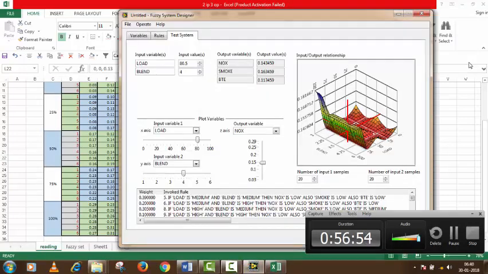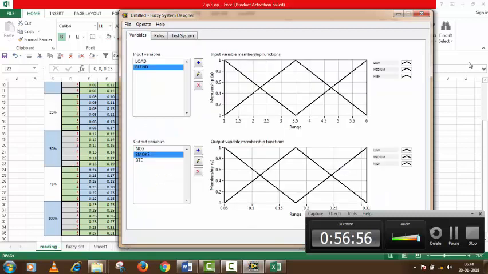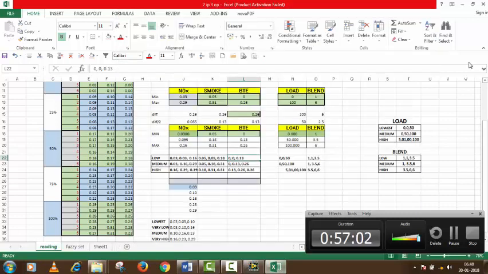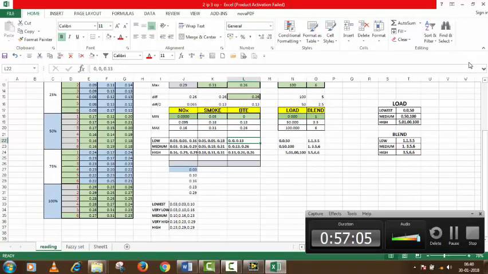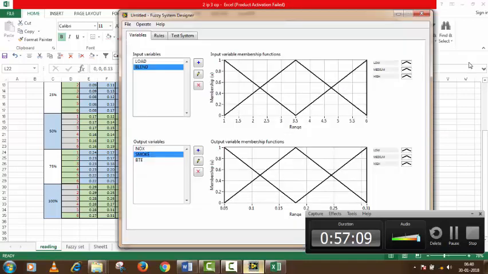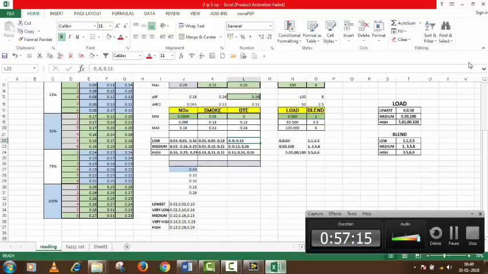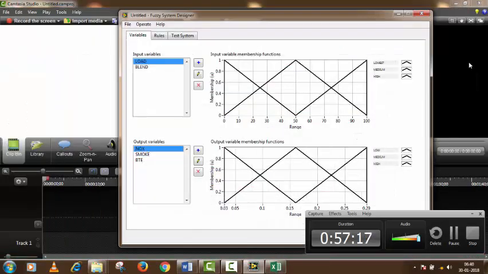If you go for, say, 5 membership functions, what happens for load? I am going for NOx, so 0.03, 0.03, and 0.06, you will be there.